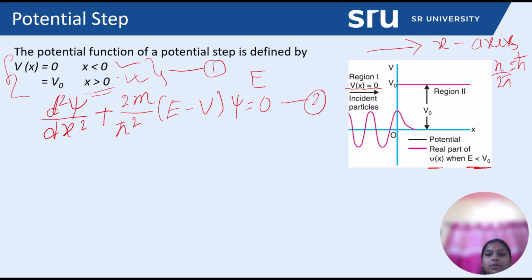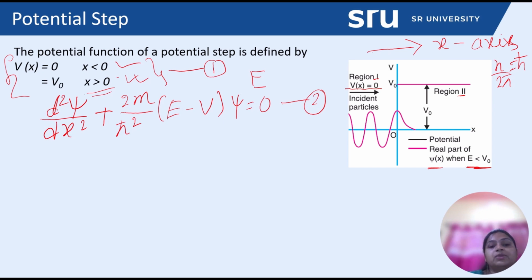Now as defined in this image, for region 1 our V(x) is equal to 0.